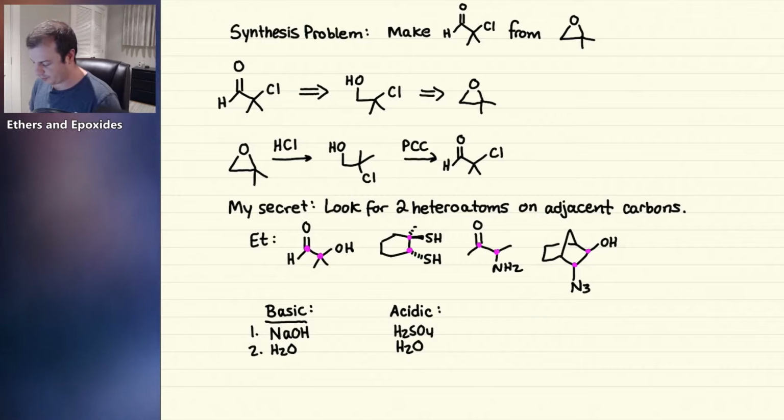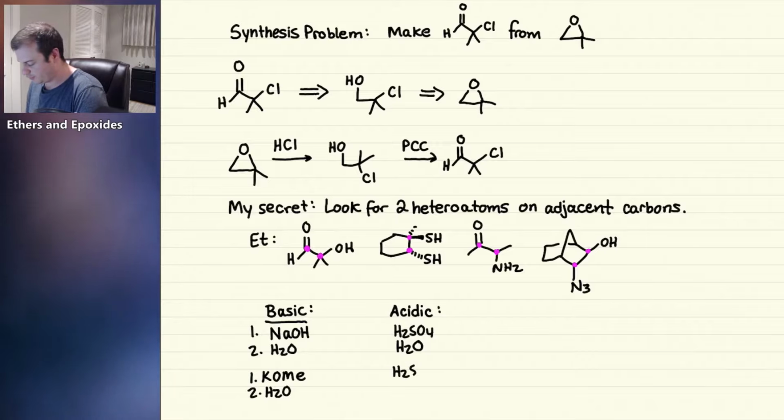Let's look at another example. What if you wanted to open up an epoxide with, how about an alcohol? You could use KOMe, potassium methoxide, step 2 H2O if you wanted to do basic conditions. And then under acidic conditions, you could do H2SO4 and MeOH.